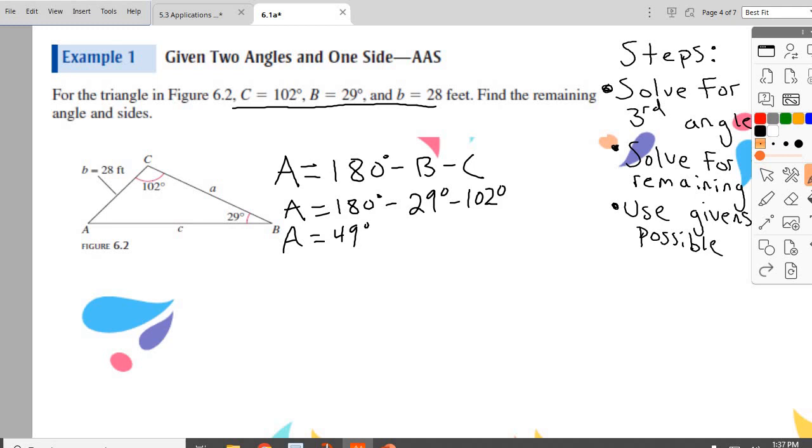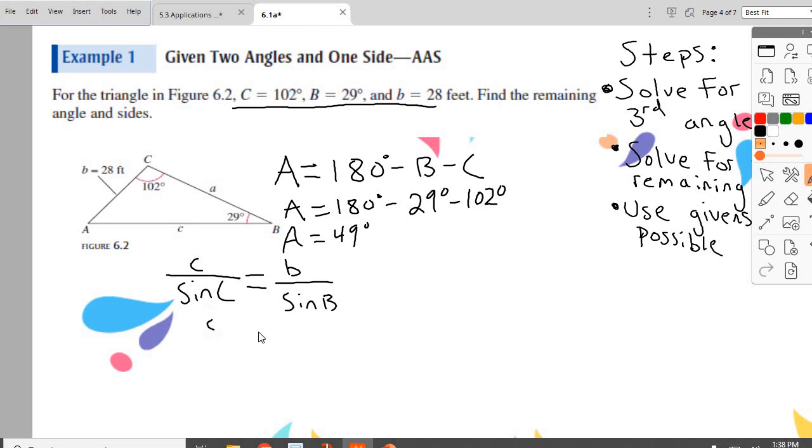C. Okay, so since I'm looking for C, I have to use the ratio that has C in it. So we start with little c over sine of big C. And then we're going to set that equal to, well, I have to have the complete fraction on the other side in order to be able to solve. So, which one of those do I have the complete fraction for? A or B? Do I have side A though? Yeah, the only one that we have both the side and the angle for is B. So we have to use that one.